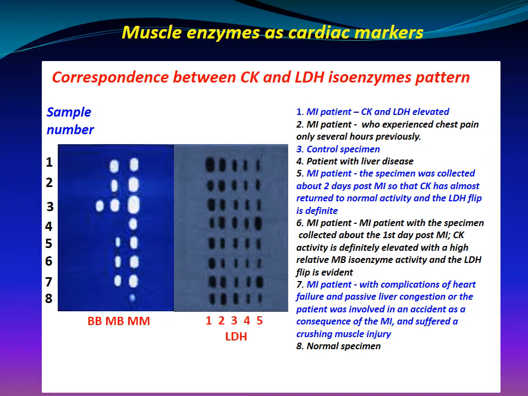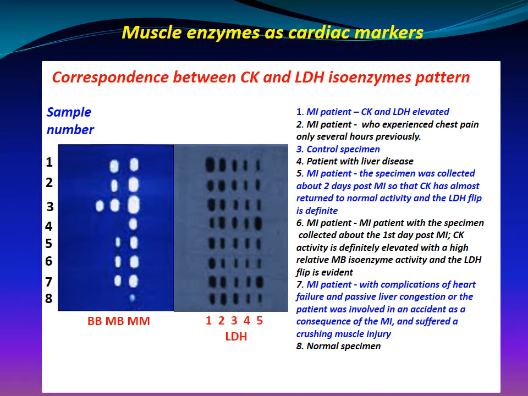Sample 8 results are from a normal specimen. Sample 1 results are from a myocardial infarction patient. The specimen was collected at a time when the activity of both LDH and CK were elevated. Note the LDH flip and high relative activity of the MB isoenzyme.